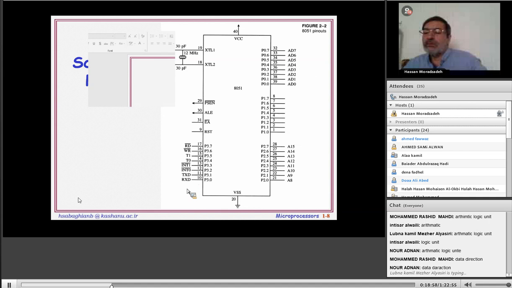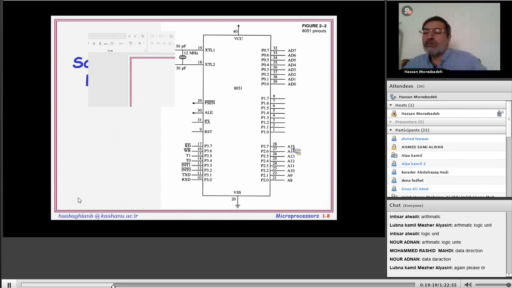Interrupt 1, interrupt 0. These are receive data and transmit data. If we use the UART controller in our design, we need RxD and TxD. But if we didn't use the UART controller, these 2 pins can be released and used as P3.0 and P3.1.